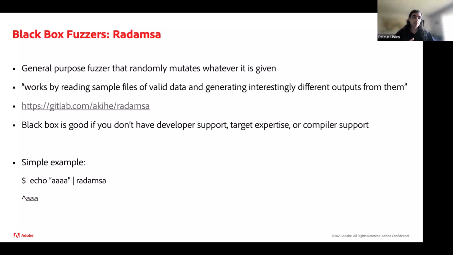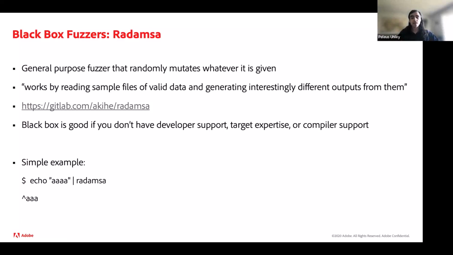Radamsa is a general purpose fuzzer, and it's very simplistic in its approach. You give it well-formed data in, and Radamsa gives you malformed data out. You send in the well-formed data, it starts randomly flipping bits, and it gives you randomized output. I have a simple example at the bottom where if you give it AAAA, and you pipe that to Radamsa, it might come back with caret AAA.